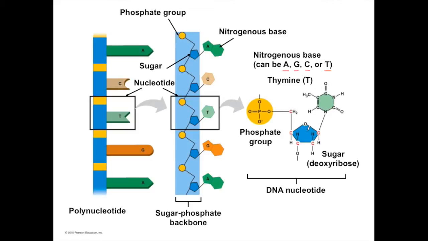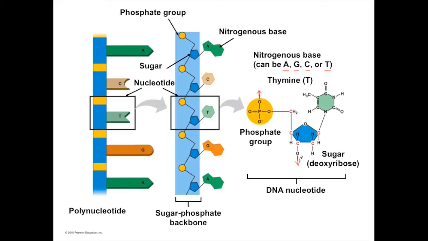Then you see here, there is the deoxyribose sugar, and here's the phosphate group. And where they link is up here, so that goes to the next nucleotide up there, and down here, so that goes to the next nucleotide down there.